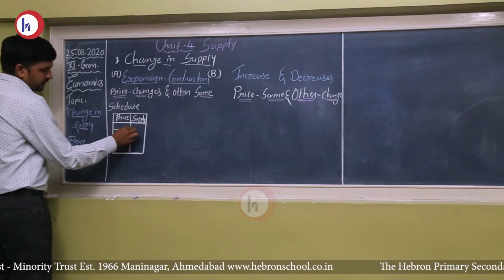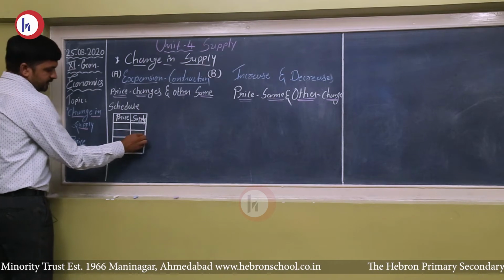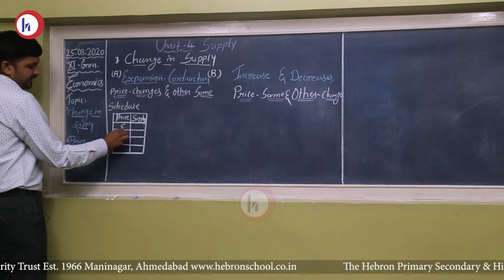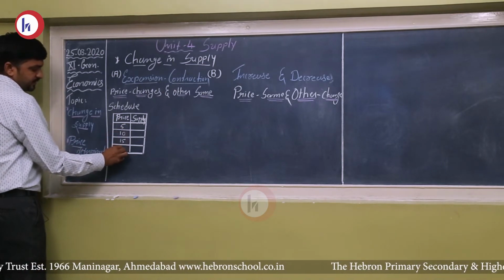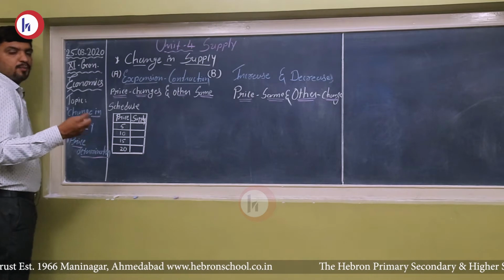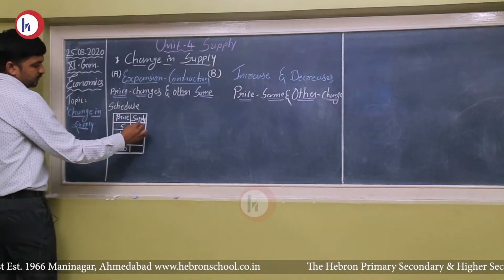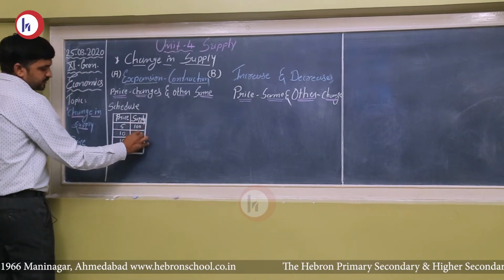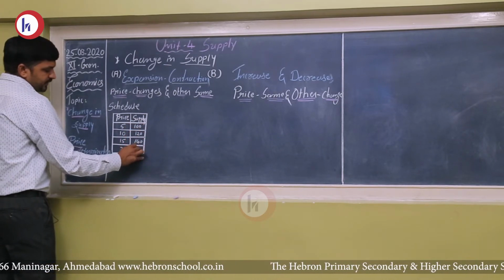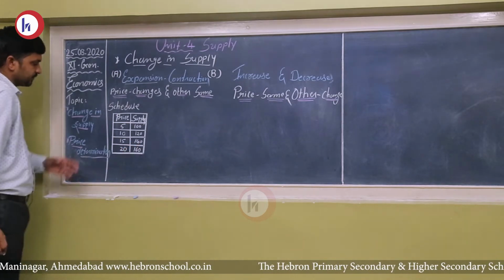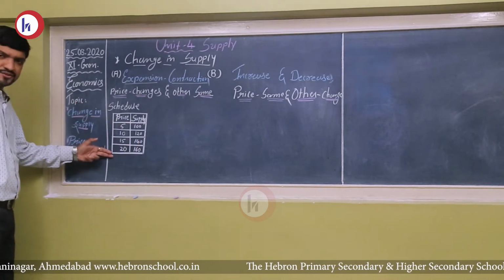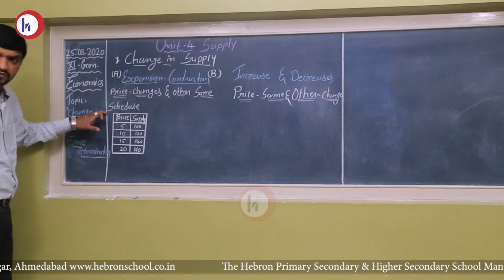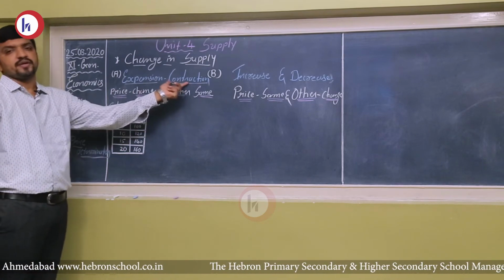Now see, other factors are to be kept constant. So when price changes 5, 10, 15, 20, the producer's supply also increases. Let it be 100, 120, 140, 160. That is, price rises, supply expands. Price falls, that is contraction.